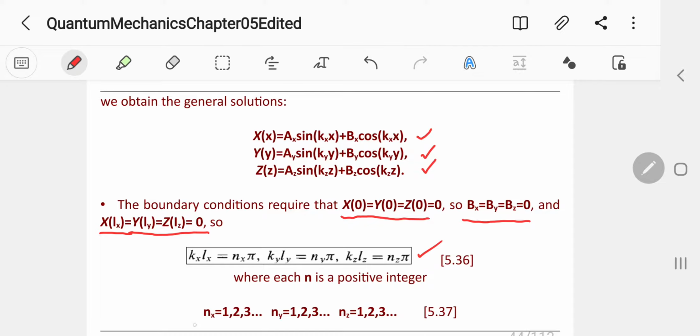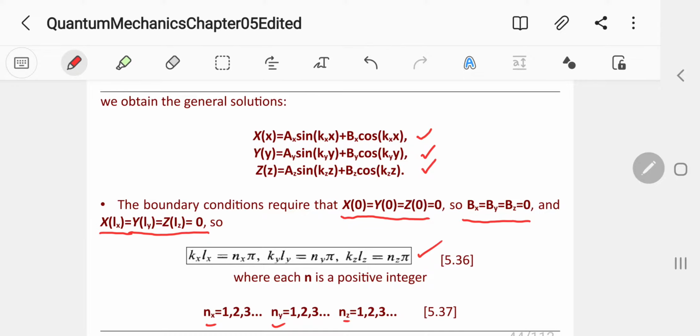So here nx, ny, and nz can have integral values. Why not start at 0? It cannot start at 0 because the energy would be 0 for an infinite square well.